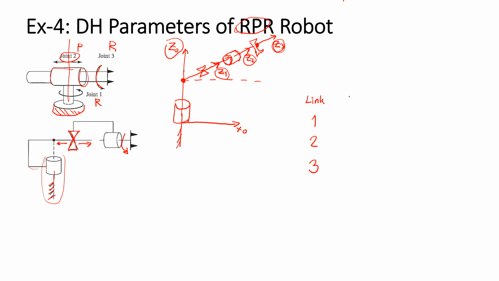So the parameters are link length, twist alpha, offset, and angle. The link length is the distance between Zi minus 1 and Zi along Xi.